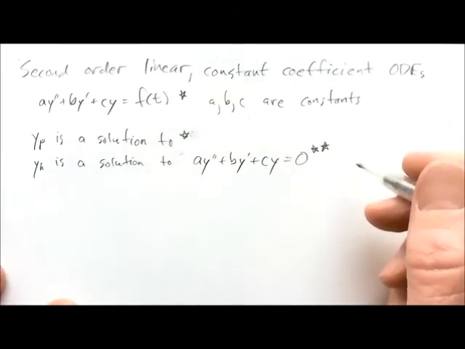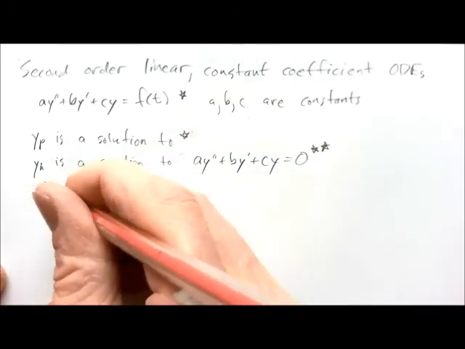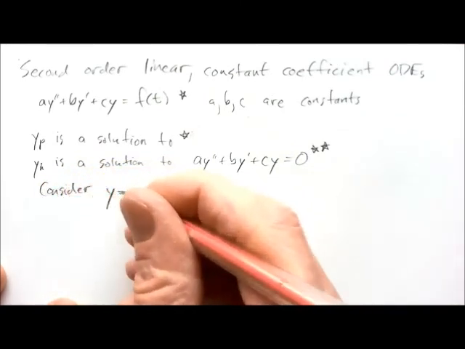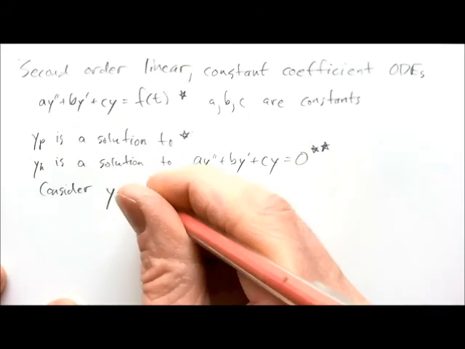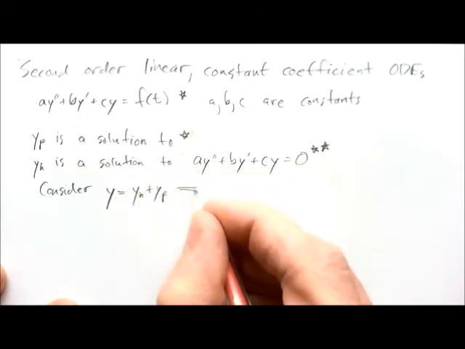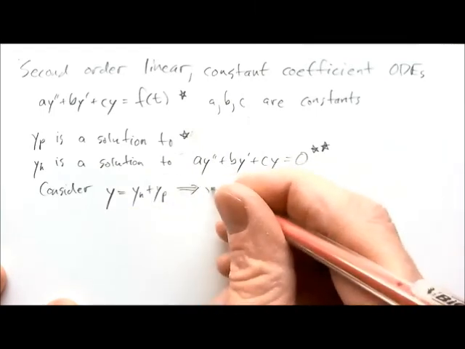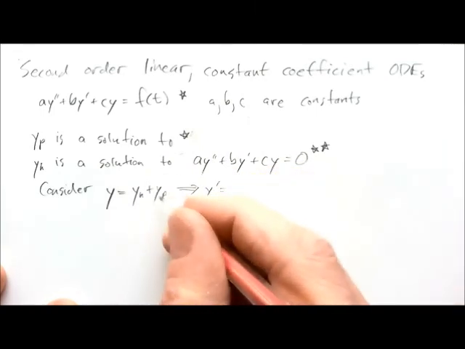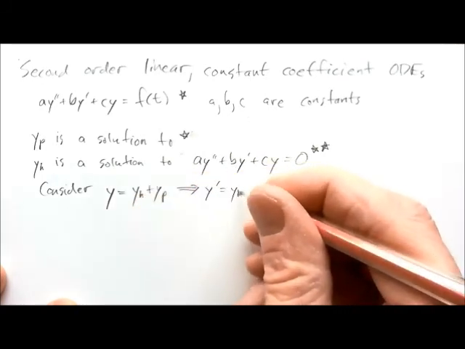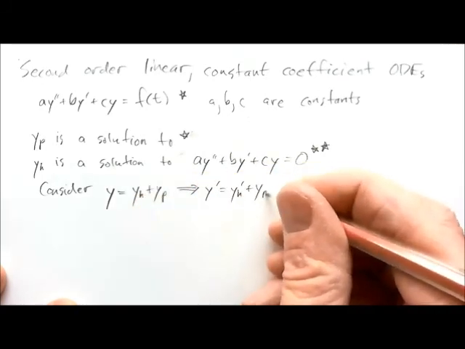So what we want to do is consider a new function y, which is the sum of those two. So it's y sub h plus y sub p. If we have such a function, then its first derivative is simply the sum of the derivatives of these two, so that's y sub h prime plus y sub p prime.